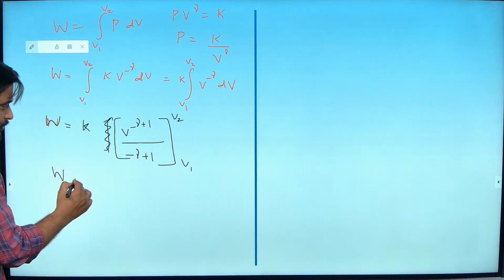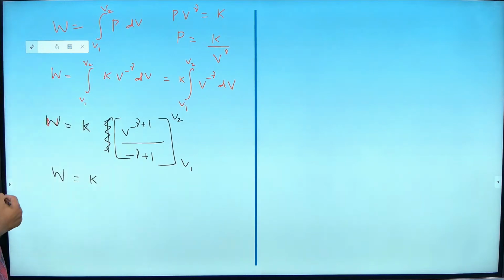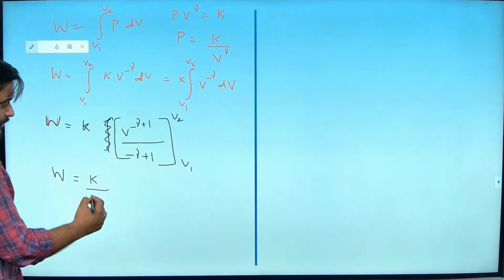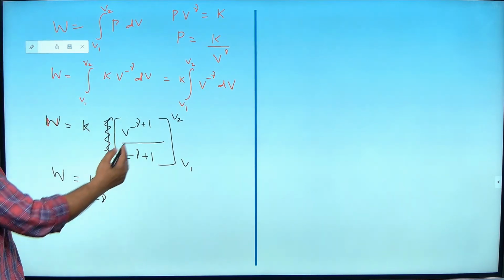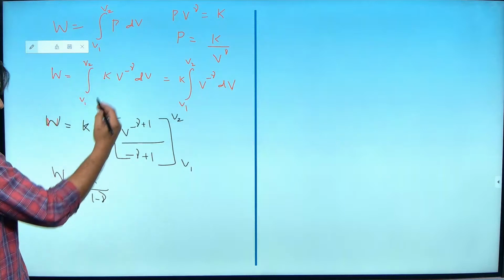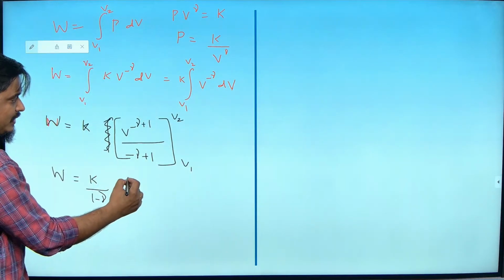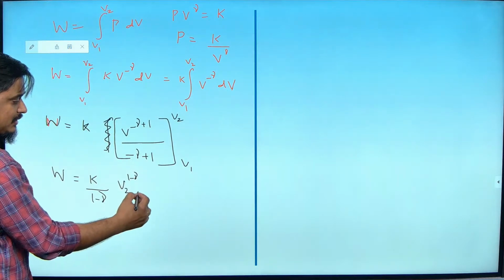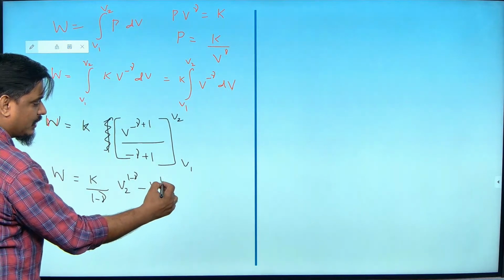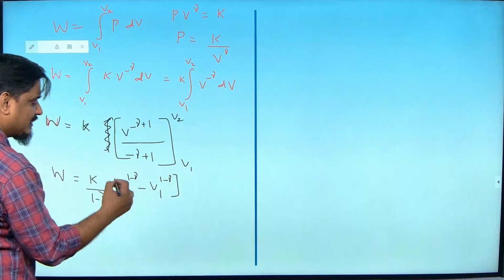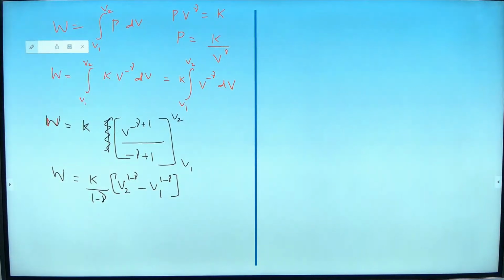So work done will become equal to K into 1 by 1 minus gamma, which is a constant, and here I am getting V power 1 minus gamma. Putting upper limit minus lower limit, it becomes V2 power 1 minus gamma minus V1 power 1 minus gamma. Anybody has a problem in this? I am going step by step slowly.